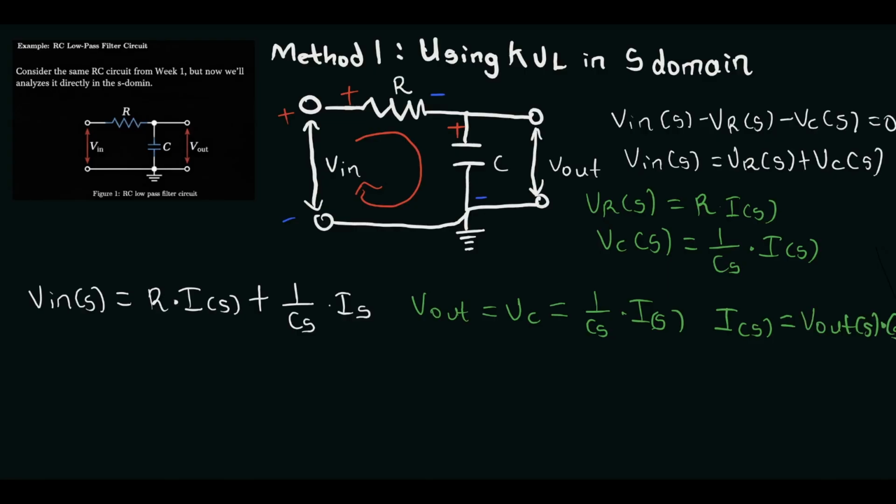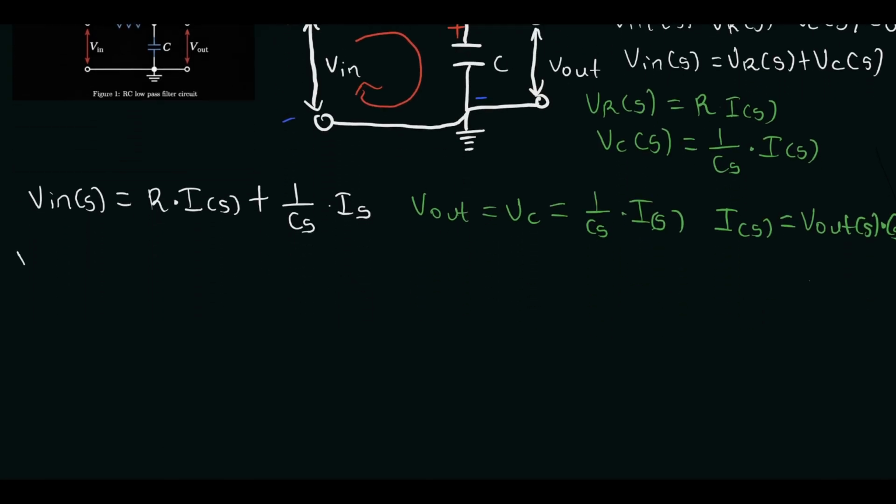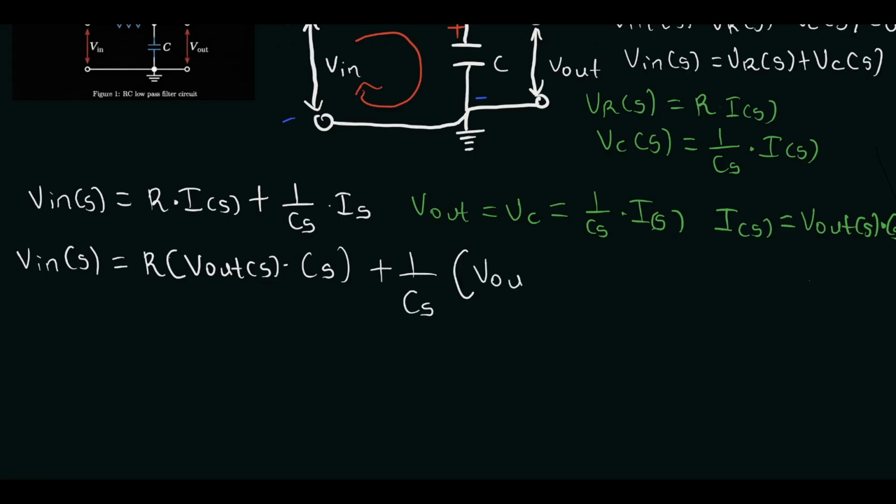So substituting this inside your formula, you have V in, so R multiplied by your V out of S dot CS, close bracket, plus 1 over CS multiplied by your V out of S dot CS. So from here, your CS cancels your CS.